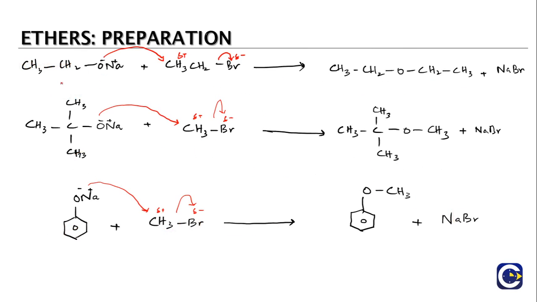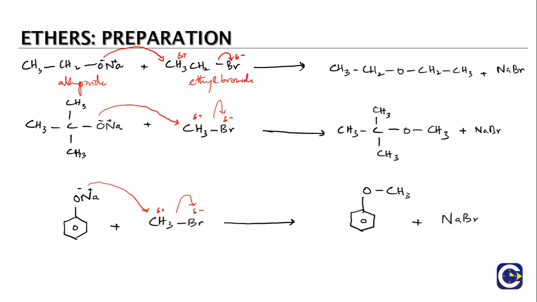So this is an alkoxide, the alkoxide ion, and we have an alkyl halide in this case, and this is ethyl bromide.